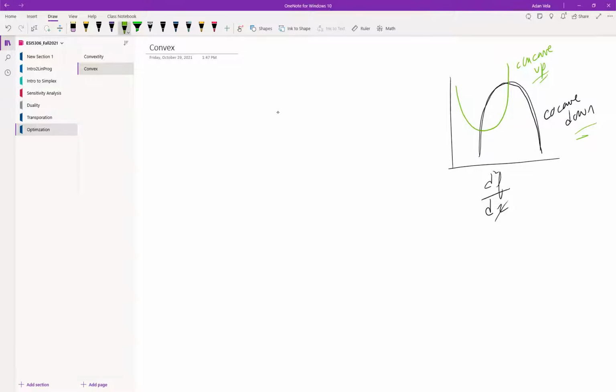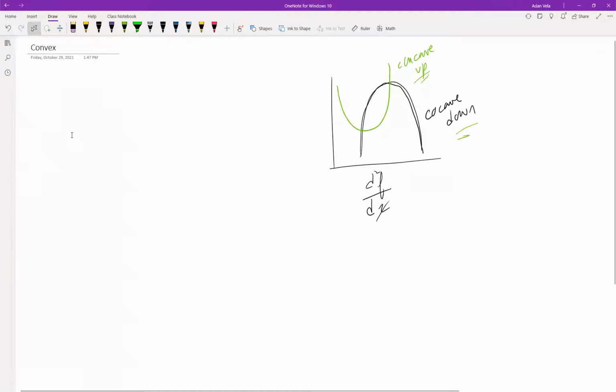All right. So in order to have a mathematical definition of what convexity is for functions and sets, we need to introduce a mathematical tool first. Let's pretend we have 2 points, x1 and x2. And this can be in one-dimensional space, two-dimensional space, or hyper-dimensional space. Doesn't really matter.